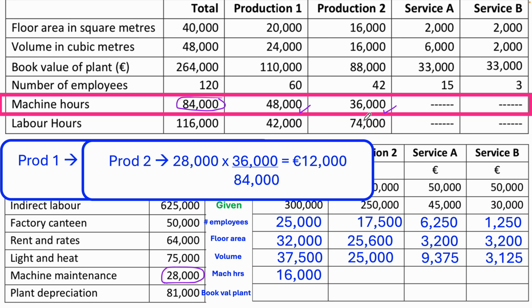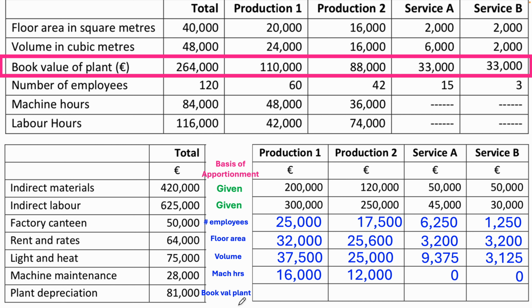Next we have the plant depreciation. So we've got 81,000 total, and we need to split that up.